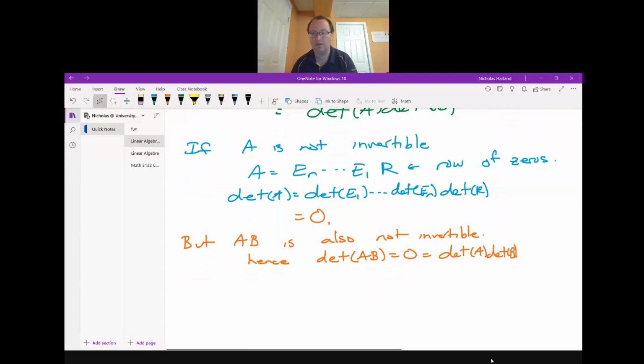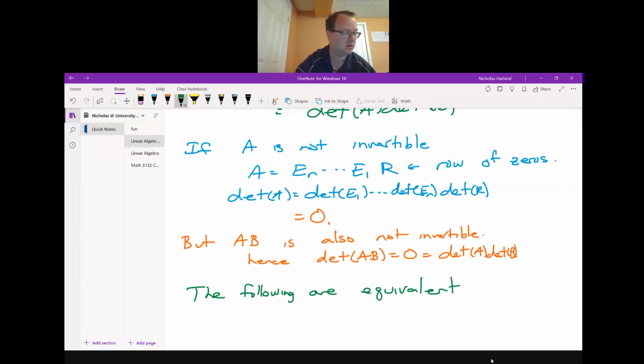So there we go. And so we have this property and this one more rule that we can wrap up into our list of equivalent statements. Namely, the ones we already had.